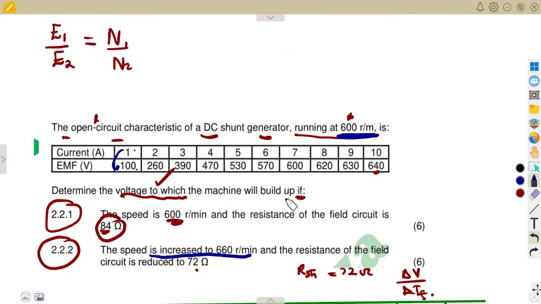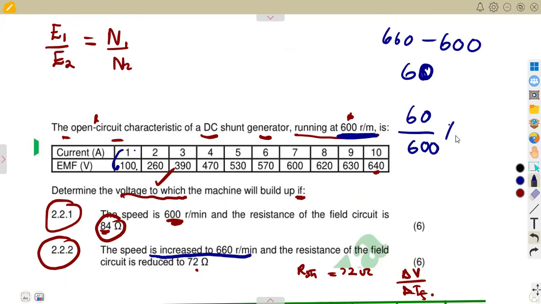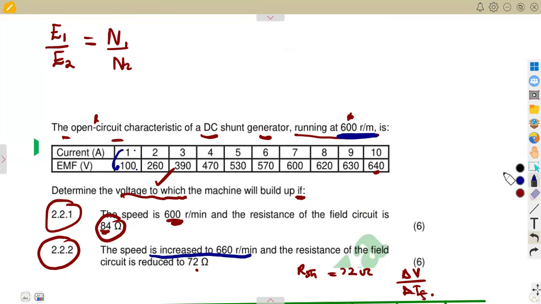Remember, the speed is 660, so the difference, 660 minus 600, is 60, which is the increase. The percentage increase is 60 over the original value, 600, times 100%, so the speed increased by 10%. But we are not worried about that.